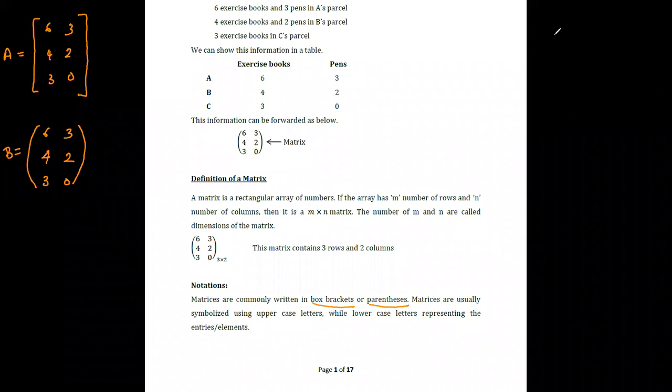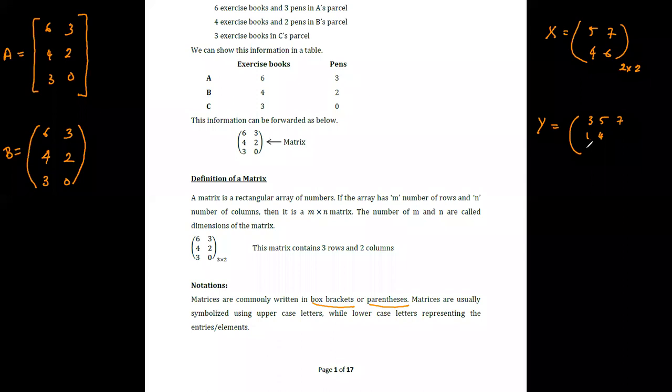Likewise, we can say X equals 5, 7, 4, 6. Another may say that Y equals 3, 5, 7, 1, 4, 0, minus 2, 1. Likewise, we can say it is a 3 by 3 matrix. Using the uppercase letters, we can show a matrix.